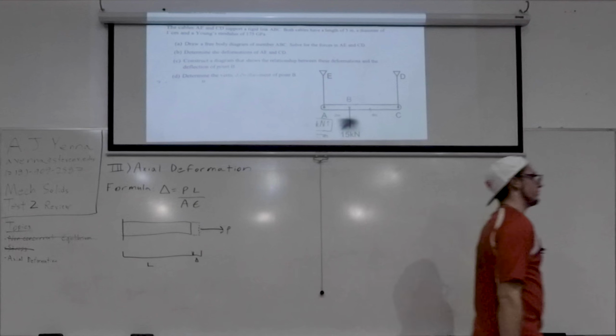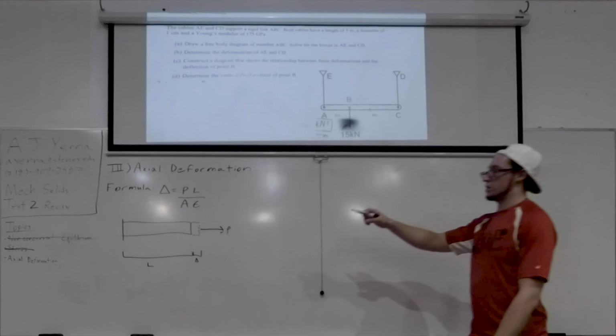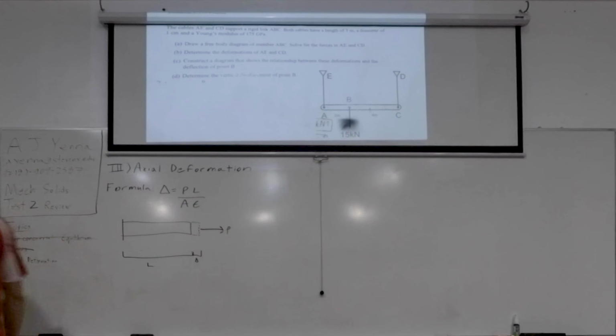So steel will have a Young's modulus of something, aluminum will have something else. That will be given to you. You don't need to magically memorize every single material.